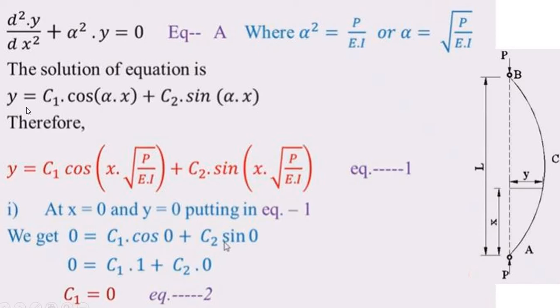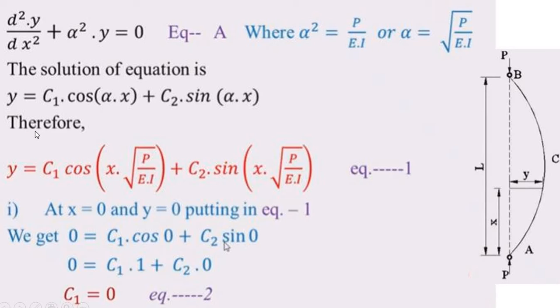Now that equation can be written as d square y by dx square plus alpha square into y equal to 0. That we can take as equation number A, where alpha square is equal to P by EI, or alpha equal to under root P upon EI. Now the solution of the above equation is y equal to c1 cos of alpha x plus c2 sine of alpha x.